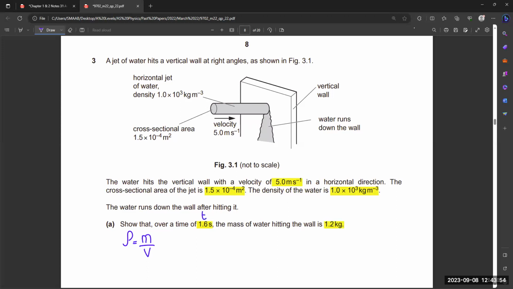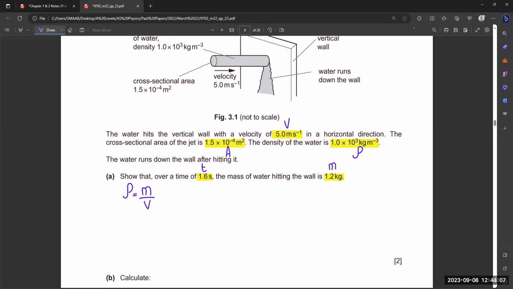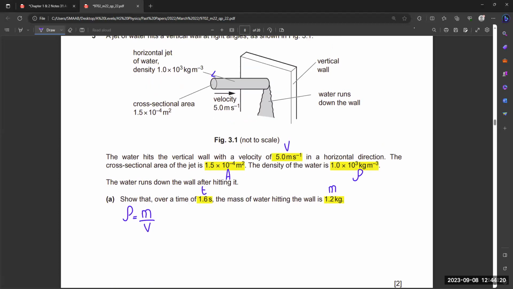So the speed equals distance over time, meaning that distance equals speed times time, which is going to be 5 times 1.6. That will give you the value of the distance. The cross-sectional area is given, but this distance is not given. So it's going to be 8 meters.